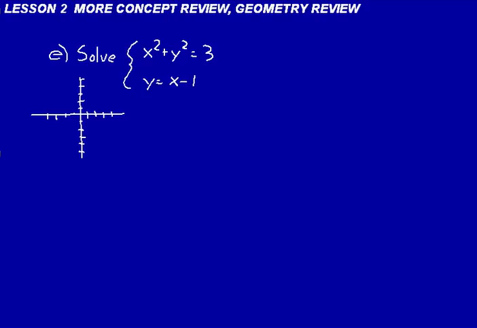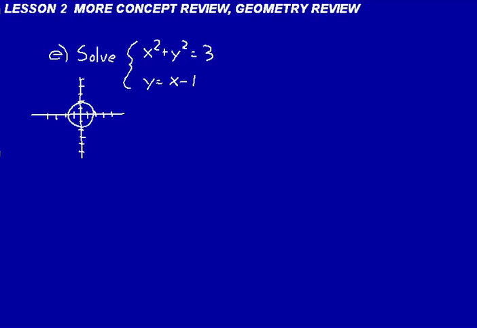We have x squared plus y squared equals r squared. So the radius is the square root of 3, because square root of 3 squared would equal 3. And that means we have a circle with a radius of about 1.7, because square root of 3 is about 1.7. It'd probably look something like that.